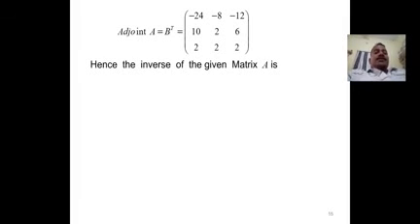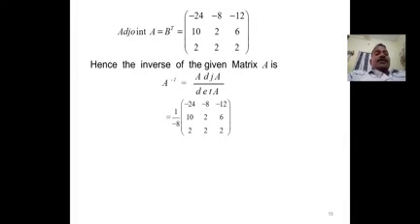Hence the inverse of the given matrix A is adjoint A by det A. With the help of that, 1 by minus 8 into minus 24 minus 8 minus 12, 10 2 6, 2 2 2. This is the A inverse. If you are interested, you can simplify, otherwise you can leave it.